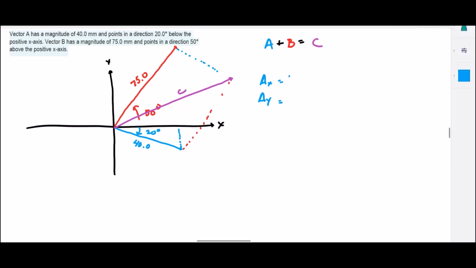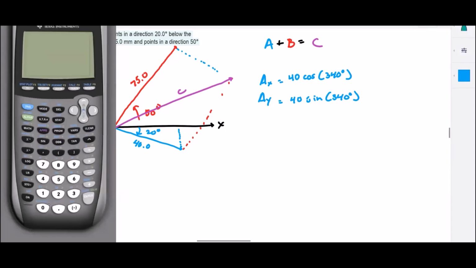I'm going to do the hypotenuse, or the magnitude, times the cosine of my degrees. The same thing with sine. I actually haven't tried negative 20. I'm sure the calculator works fine with negative 20, but I'm not going to mess with it.